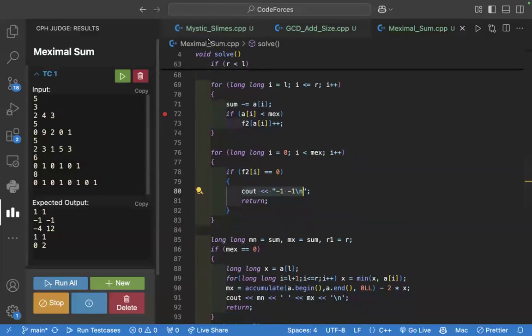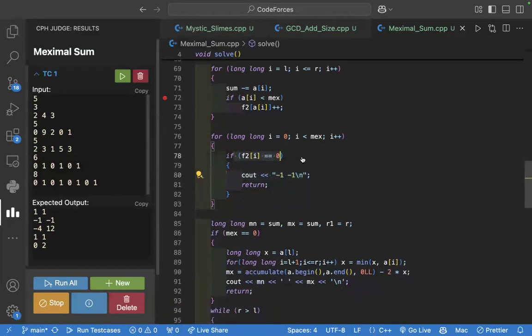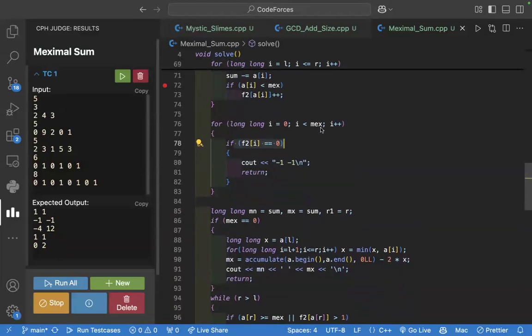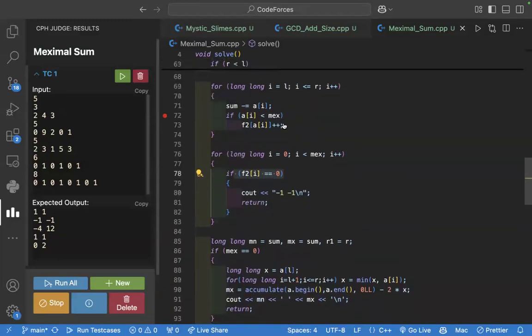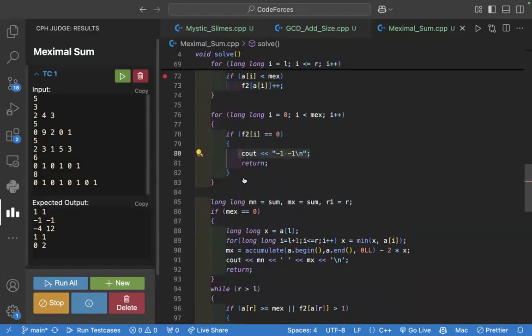The middle portion that I've found, L to R, should have the numbers from 0 to mx minus 1, else mx will not be created in the middle portion. I need that at least. So if the frequency of any number from 0 to mx minus 1 within the range L to R is 0, then again this is a negative one case.